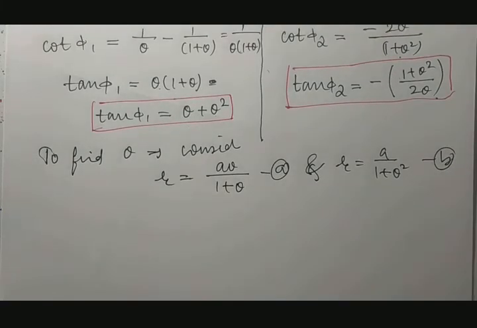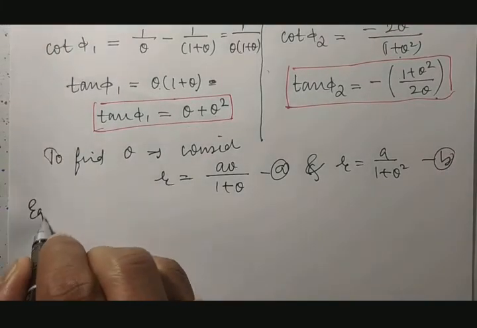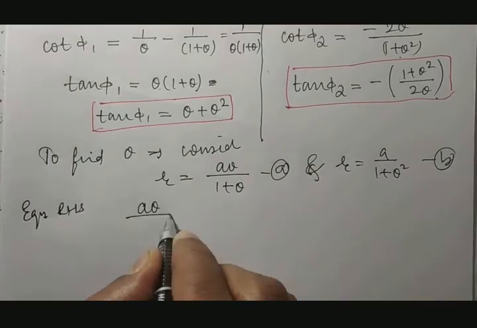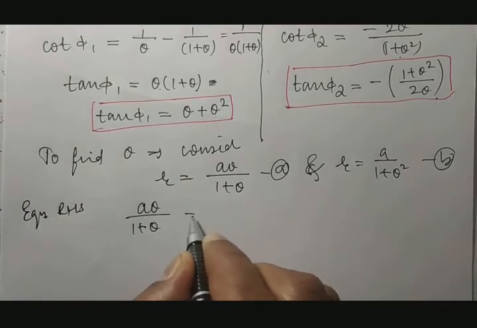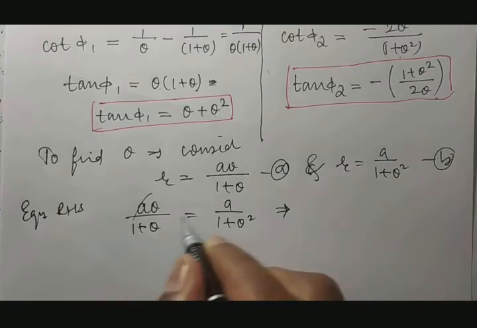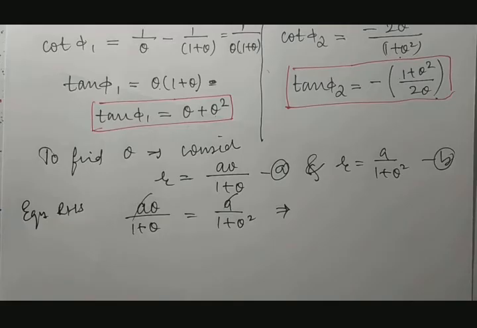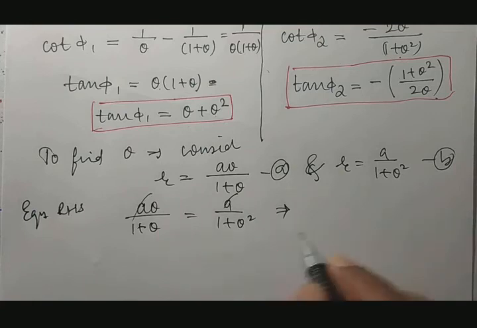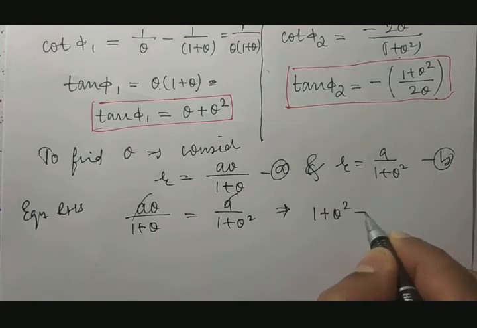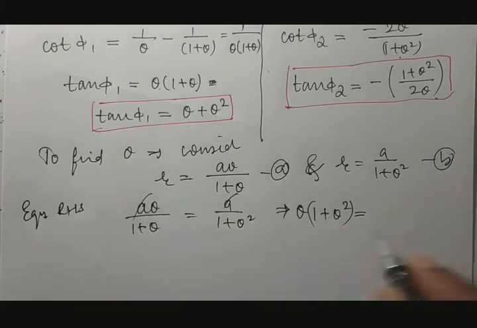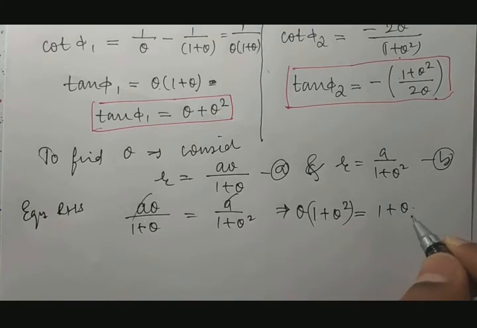Solving these two, equating the right-hand sides because r is equal, a theta divided by 1 plus theta is equal to a divided by 1 plus theta square. Therefore, a gets cancelled. Then 1 plus theta square into theta is equal to 1 plus theta.